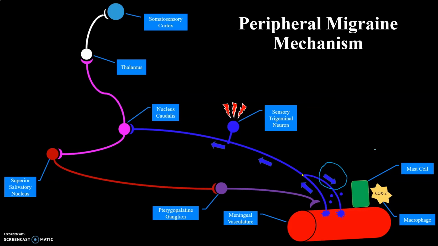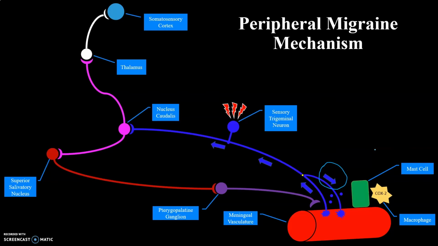So as the action potentials continue on, you're actually triggering a reflex completely contained within just that first order neuron that, as it travels back down towards the meningeal blood vessel, it will then release substance P, CGRP, and several other neuromodulatory molecules.